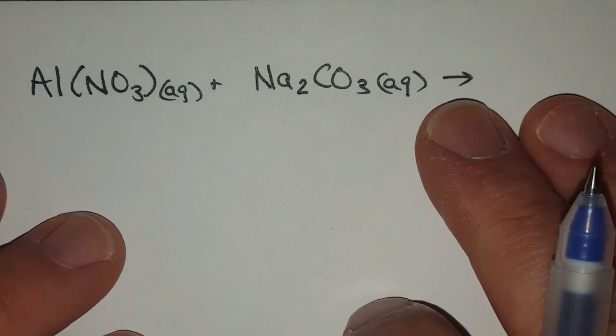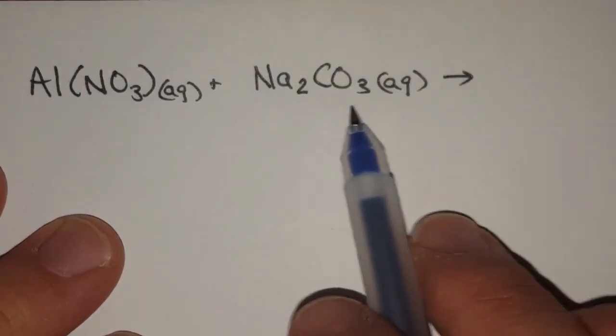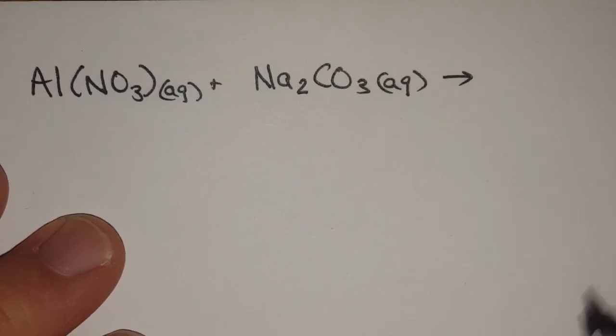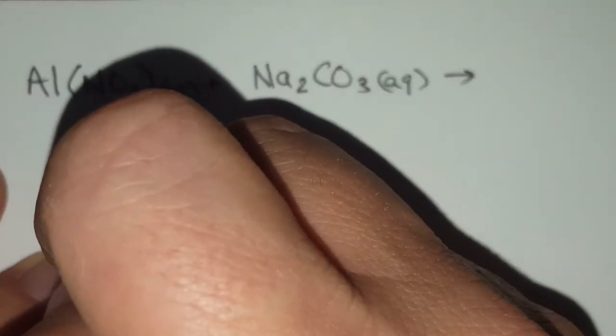Okay, so here we have aluminum nitrate reacting with sodium carbonate. Again, the first thing we want to do is write out our molecular equation.